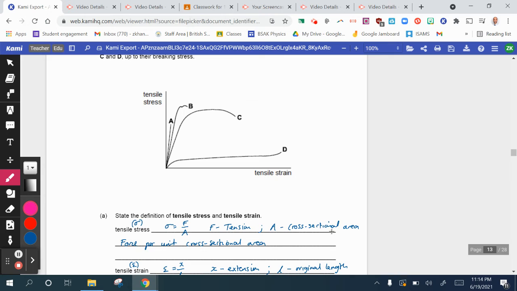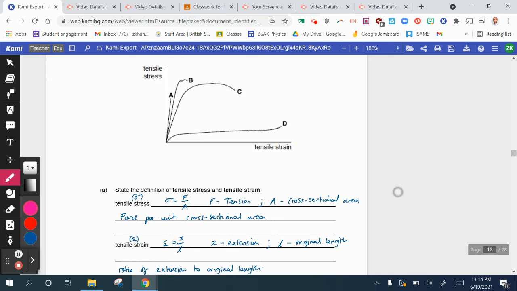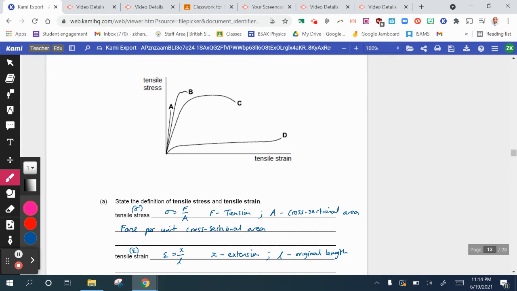The only 2 options I see are B and C, with very large stresses. So B has the largest amount of stress, so I would go for B because B has the largest amount of stress. You could equally have chosen C because the graphs are relatively similar.